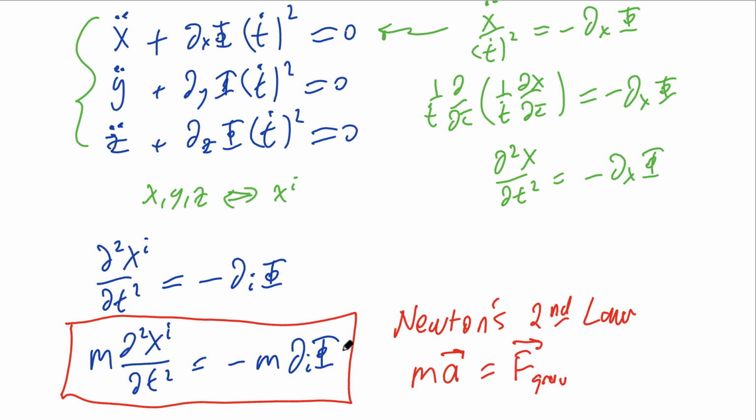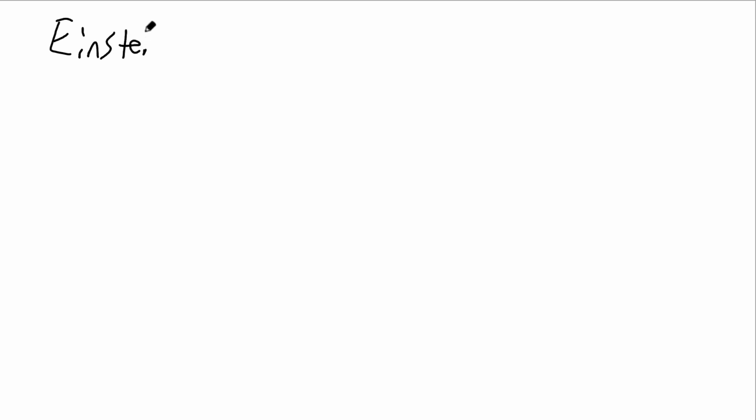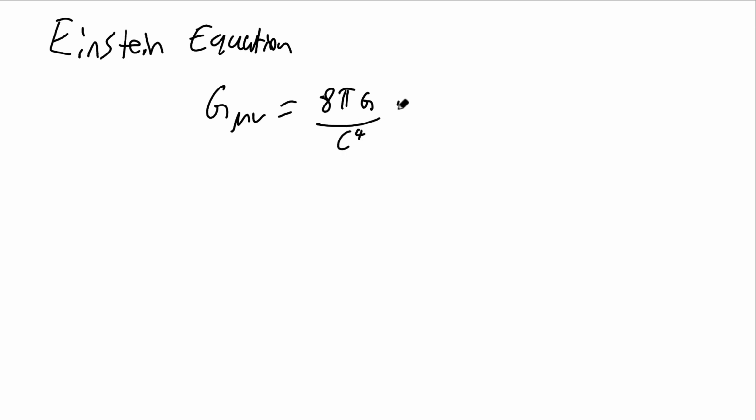In this lecture, I introduced the Einstein equation, and I showed some of the connections between Einstein gravity and Newtonian gravity. So the Einstein equation is G mu nu equals 8 pi G over c to the fourth T mu nu.